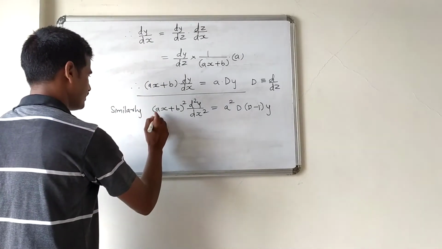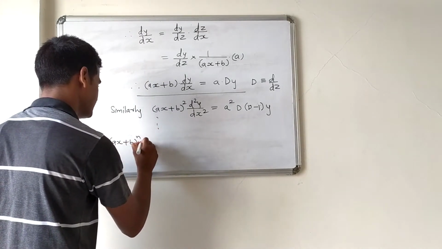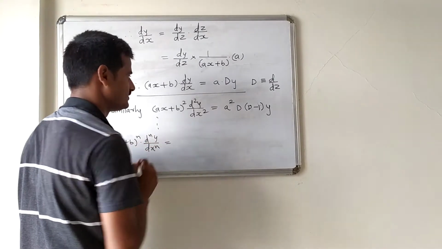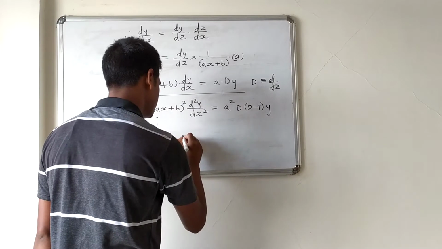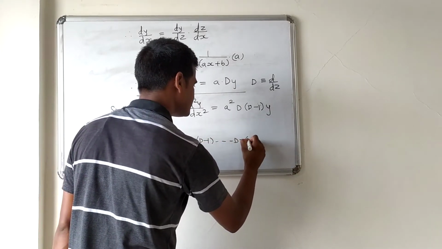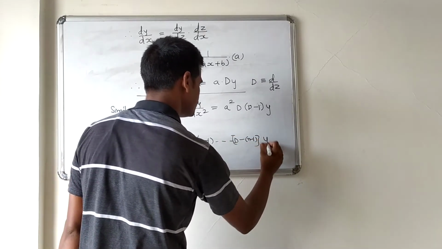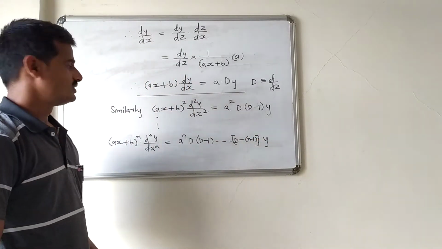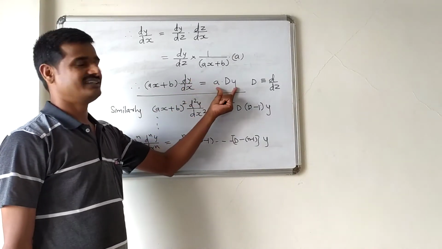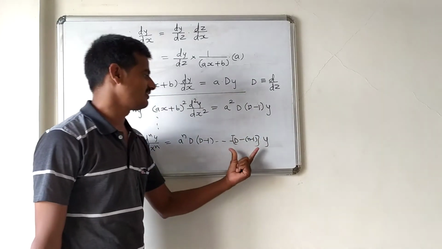So for the nth order derivative, (ax plus b) raised to power n into d raised to n y upon dx raised to n is equal to a raised to n into D(D minus 1)...(D minus n plus 1) into y.